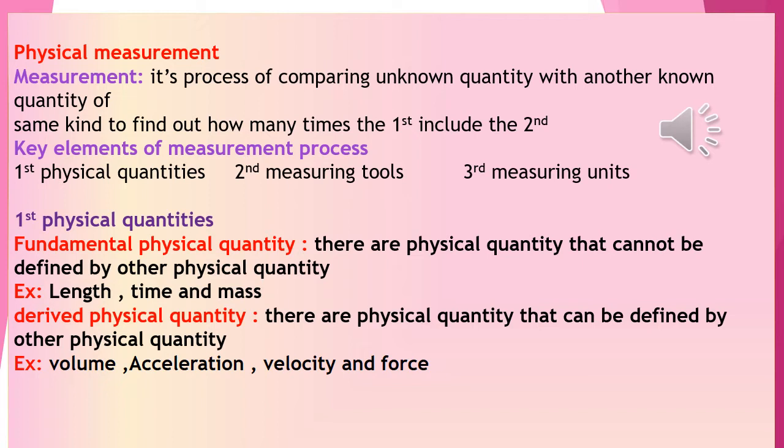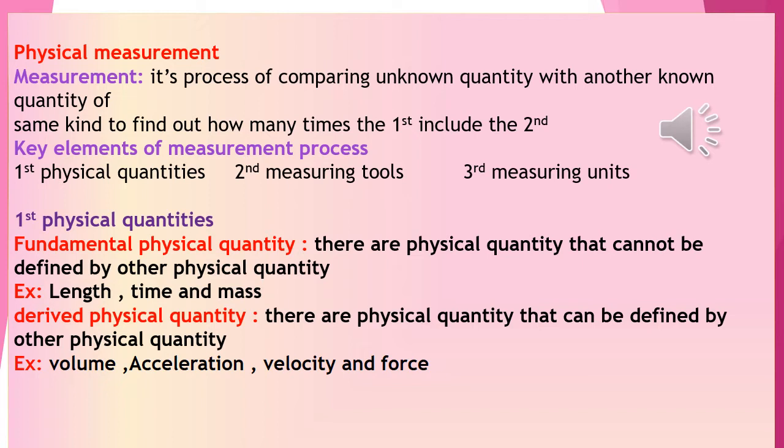Physical quantities are classified into fundamental physical quantities and derived physical quantities. First, what is the difference between fundamental and derived physical quantities? For example, for fundamental physical quantities, when I say my length is equal to 164 meters, you understand my length and you don't need any other physical quantities to define it. So the length is defined by itself. It's called a fundamental physical quantity.